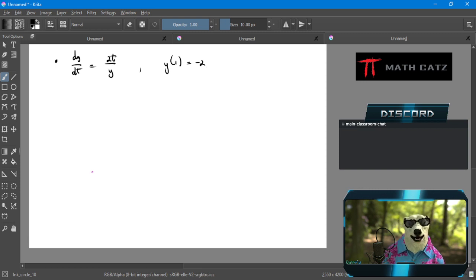Now I'm not too bothered by that extra information because I don't need it until after the general solution. So I need to separate here. y goes to the left, 2t on the right, then multiply both sides by dt and integrate.